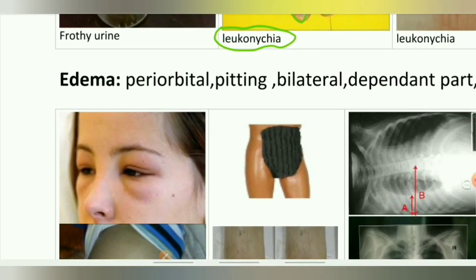Characteristically, because of this shift of fluid to the interstitial space, initially the patients will get periorbital early morning edema, and he looks malaised and depressed because of the illness.